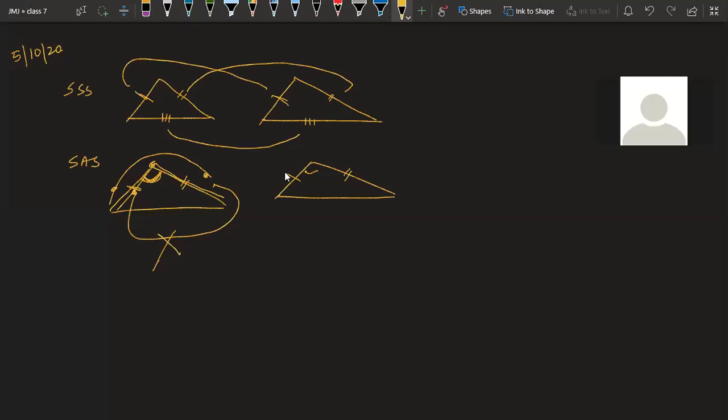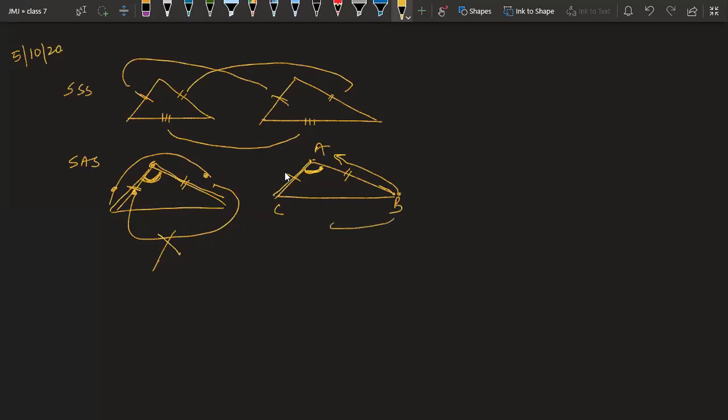Lavya, it is not important to go for clockwise or anti-clockwise. Important thing is continuation. Suppose I have A, B, C. I have to go in such a way that things are coming in continuation. There is no gap in between. So when I start from this side B and I go this way, it is fine because first BA is coming, then angle is coming, then AC is coming.